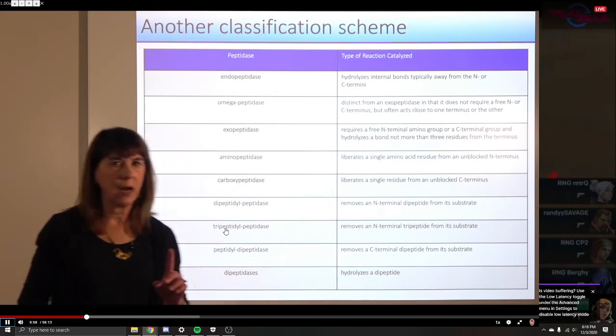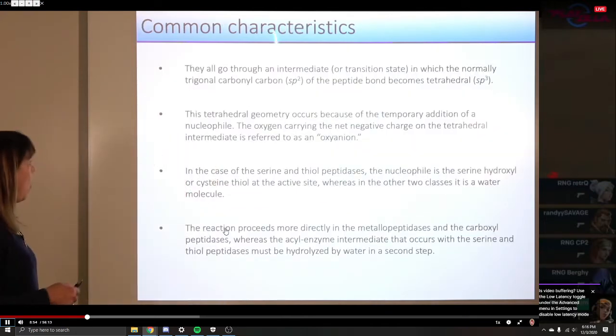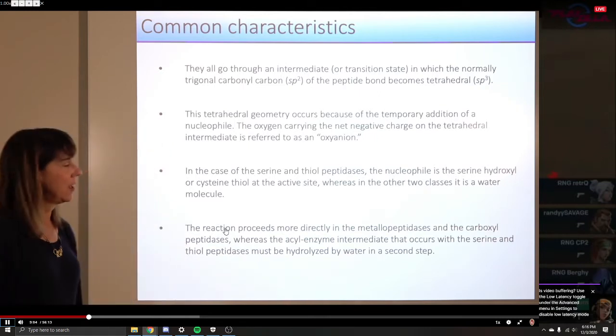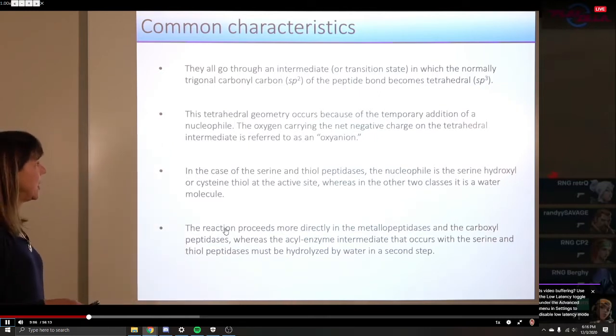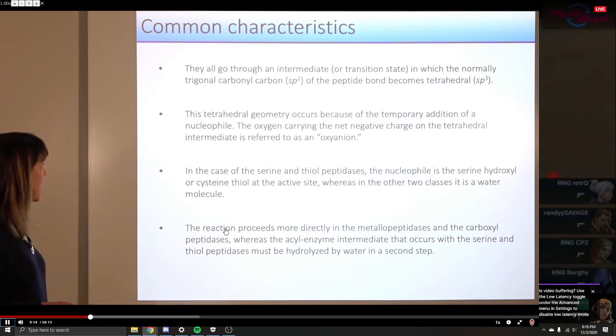So what are the common characteristics of all these different types of peptidases? They all go through an intermediate or a transition state in which the normally trigonal carbonyl carbon, which is sp2 hybridized, that's why we talk about this on the first day of class, becomes tetrahedral. So it goes from sp2 to sp3, we go from trigonal to tetrahedral, flat to tetrahedral.